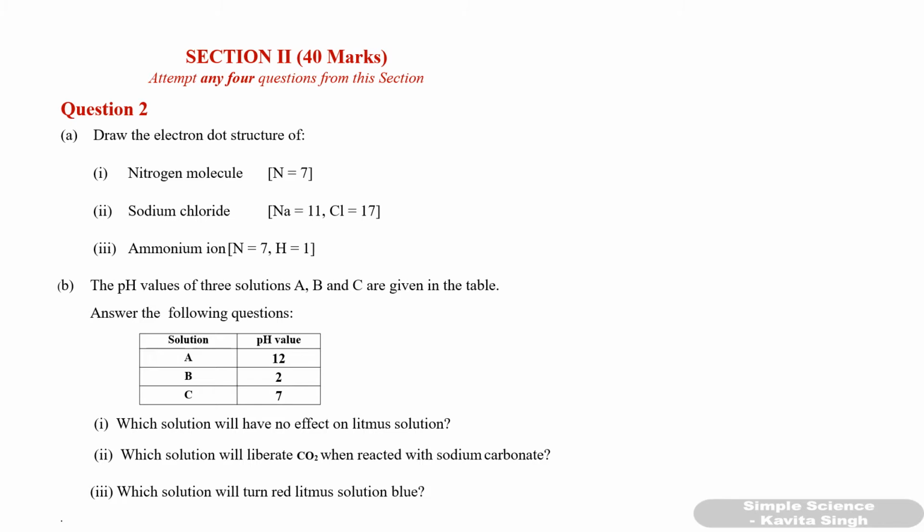So let us start. Question number 2A. Draw the electron dot structure of nitrogen molecule, sodium chloride molecule and ammonium ion. First one, nitrogen. It has 5 electrons in the outermost shell. So 2 nitrogen atoms will combine and they will form a triple bond.